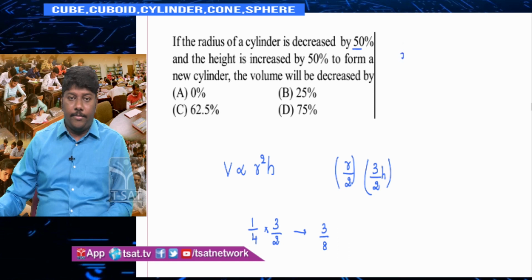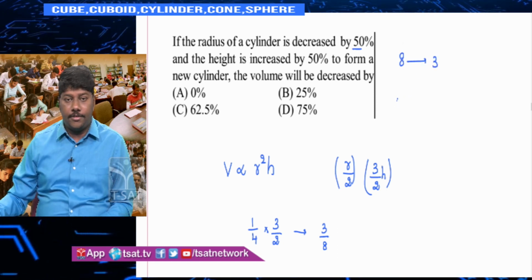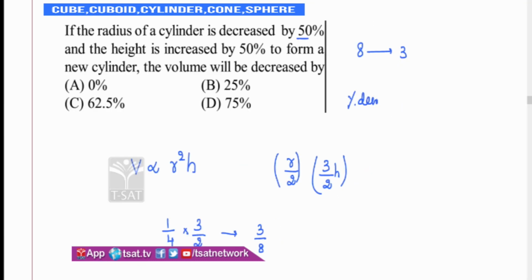So 8 became 3, which means there is a decrease. And how much is it decreasing? 5 parts out of 8, into 100, which is 62.5% decrease. So, in terms of fractions, it is decreasing by 62.5%.